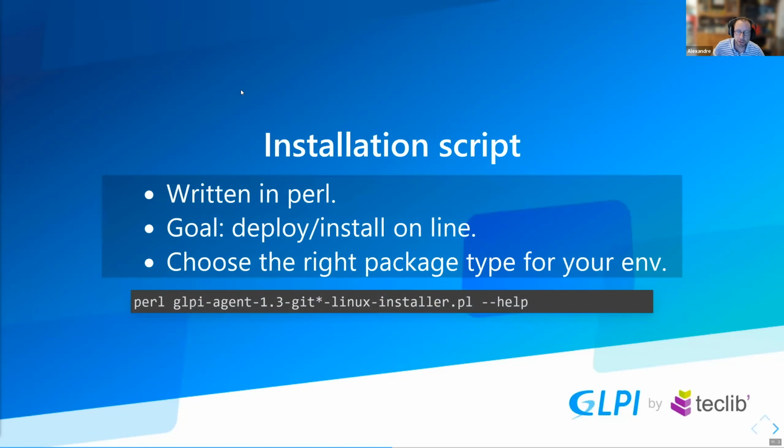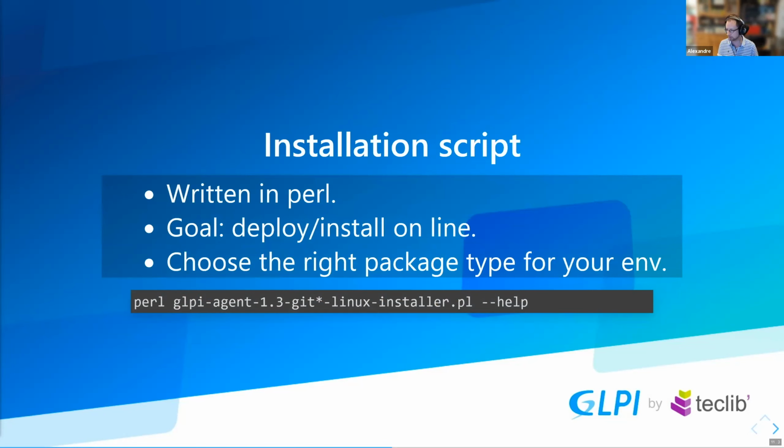We also have an installation script written in Perl to ease the installation in a Linux environment. You take only the script, you execute it, and by default it will choose for you the correct package for your environment. You have many ways to force a specific package if you want.